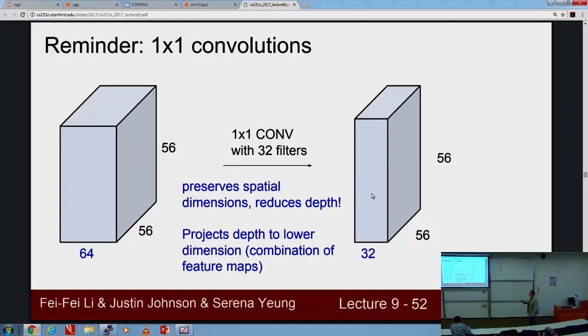Because imagine each of these one-by-one filters is like a pencil going 64 deep. You take a dot product, that gives you one of the numbers out in this box. And for each number out in that box, you can decide what that dot product is going to use as a filter. So we have 64 times 32 weights here, right? Right, so the weights of the filters are 1 by 1 by 64 by 32.